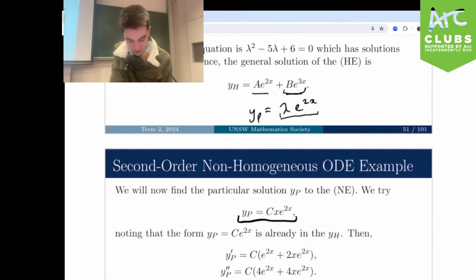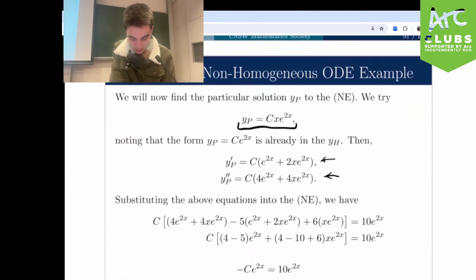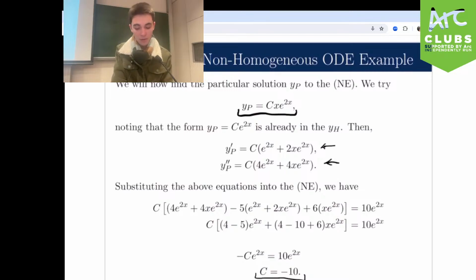So if this is our yp, then the derivative of that solution would be this expression here, right? The second derivative would be this expression here. And when we substitute that in, we arrive at c having to equal -10. Okay, so we found the coefficient for our particular solution.